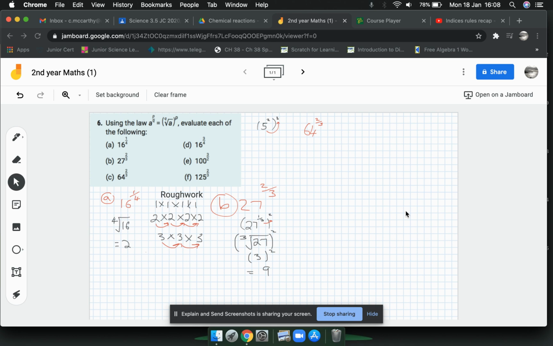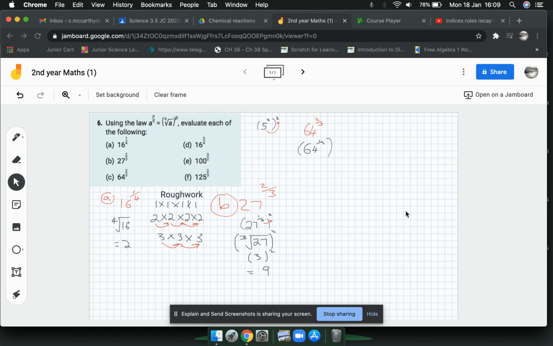So I'm going to write down 64, and for a second I'm going to pretend that this is to the power of a third. But I can't magically just make that a third. I'll have to represent this in a way that gets me back to 64 to the power of 2/3.